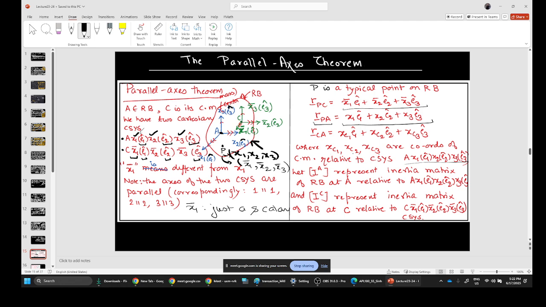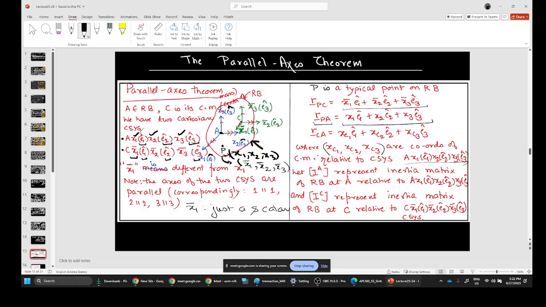Okay, so these are the coordinates of point C, measured from which coordinate system? The blue coordinate system. What will be the coordinates of C measured from the green coordinate system? That will be simply 0, 0, 0.